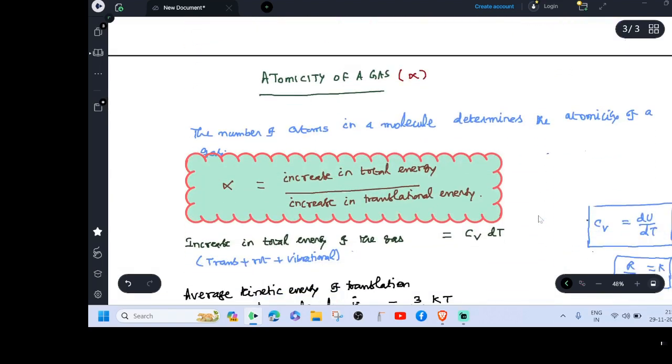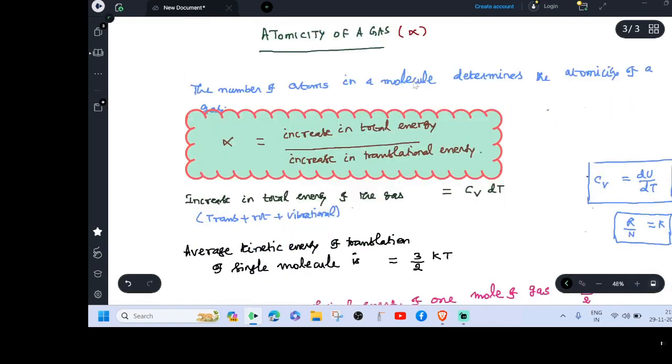Then we may go to the next topic, atomicity of a gas, alpha. The number of atoms in a molecule determines the atomicity of a gas. Alpha, atomicity, equals increase in total energy divided by increase in translational energy. Consider a molecule which has translation energy, rotation energy, vibration energy, like that.